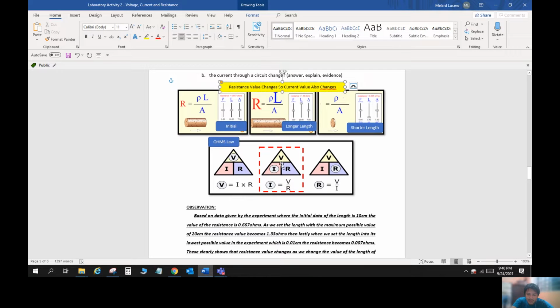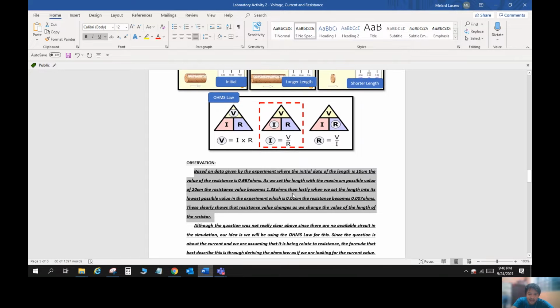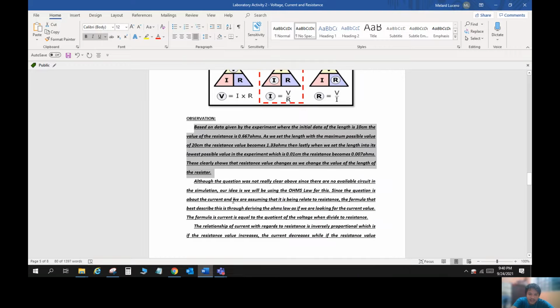We will also be using I equals V over R since we are relating the current to the resistance, because resistance also acts directly with the length. Based on the given data, these are the parameters that we got when we did this first experiment.